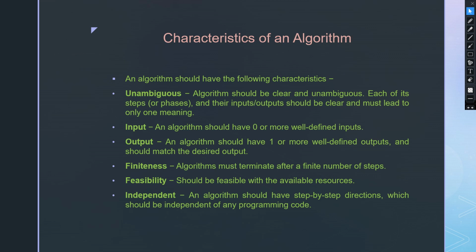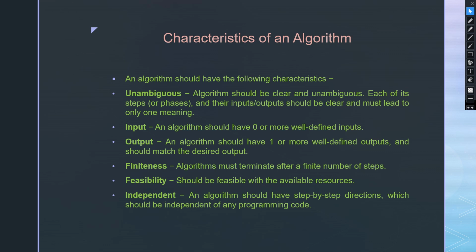Second, input. An algorithm should have zero or more well-defined inputs. If we take the example of printing hello world, there is no input, but we get some output. So our input can be zero. The third point, output.